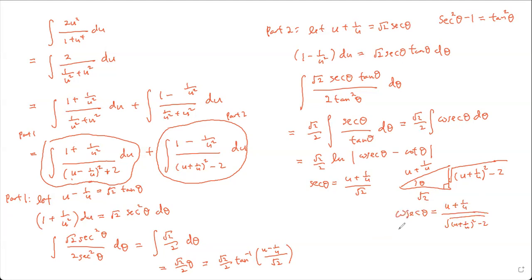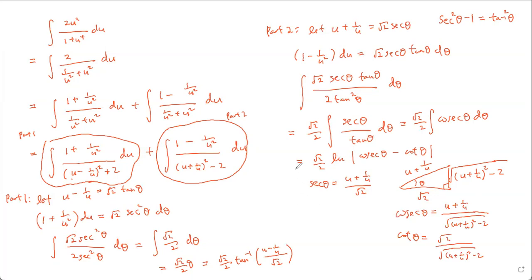And what is cotangent theta? Tangent theta is opposite over adjacent, so cotangent theta, which is the reciprocal, will be adjacent over opposite. So it'll be square root 2 over the square root of u plus 1 over u squared minus 2.